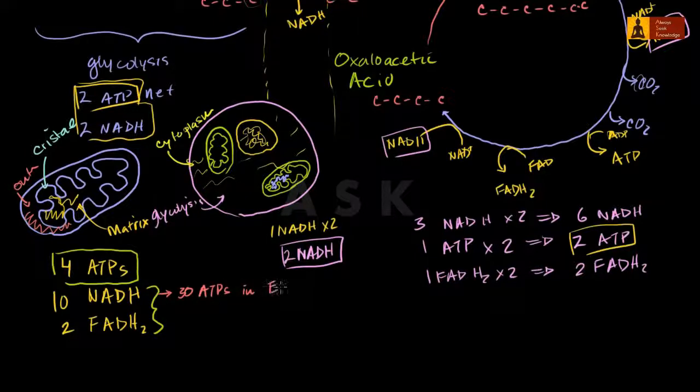And each FADH2, when it gets oxidized and turned back into FAD in the electron transport chain, will produce 2 ATPs. So 2 of them are going to produce 4 ATPs. So we now see we get 4 from just what we've done so far: glycolysis, the preparatory stage, and the Krebs or citric acid cycle. And then eventually these outputs from glycolysis and the citric acid cycle, when they get into the electron transport chain, are going to produce another 34.